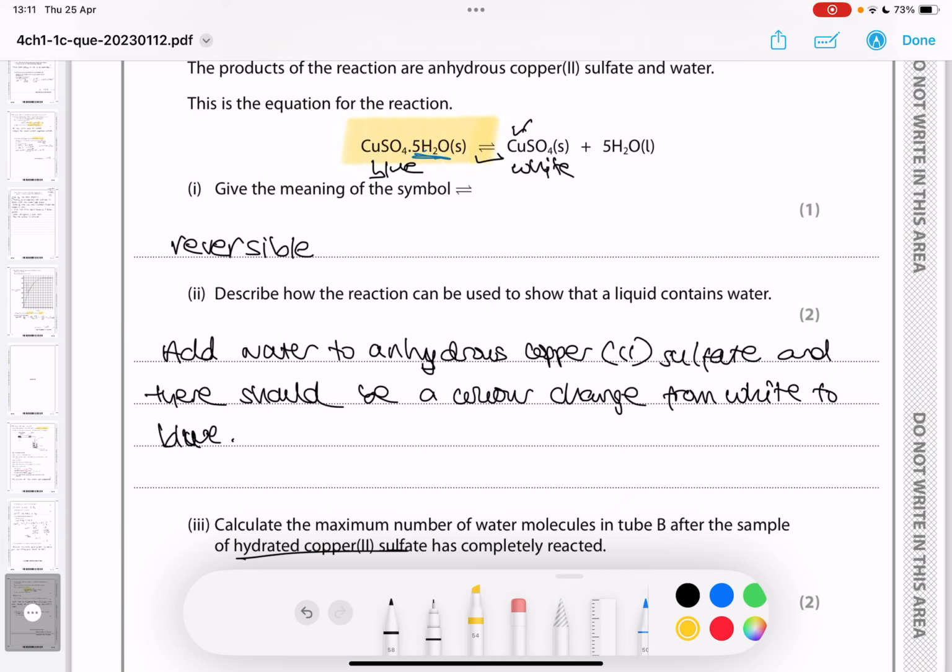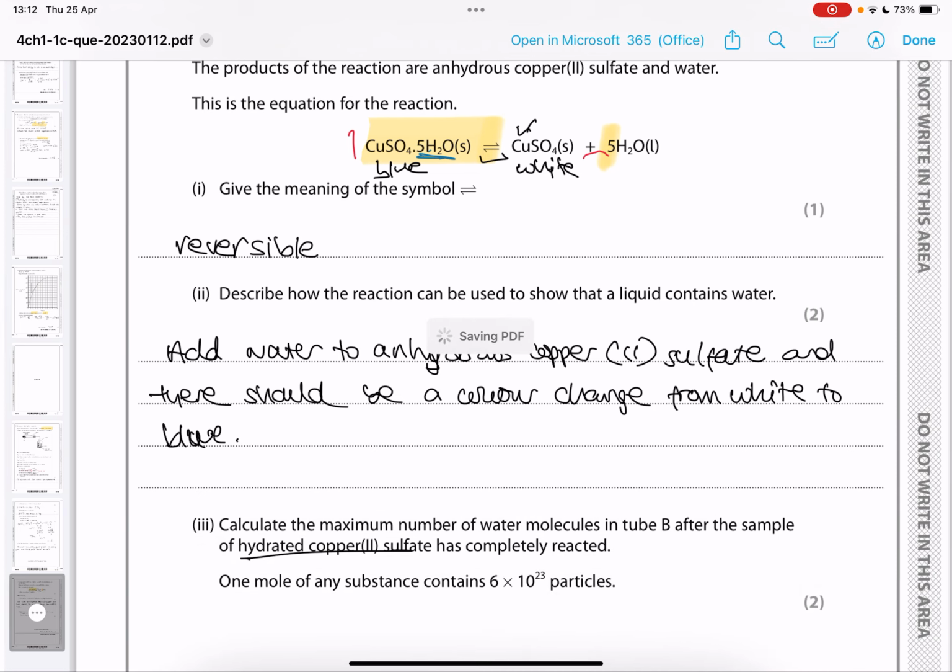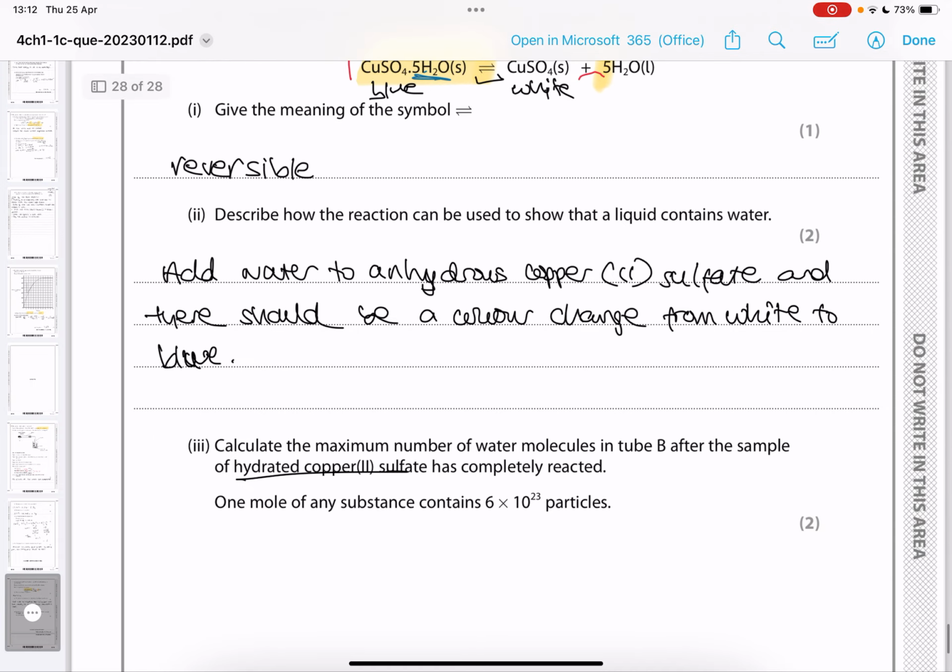And once it's reacted, you can see we form 5 moles of water. For every 1 mole of hydrated copper 2 sulfate, we form 5 moles of water. So now we can use that molar ratio to work out the number of water molecules that form.